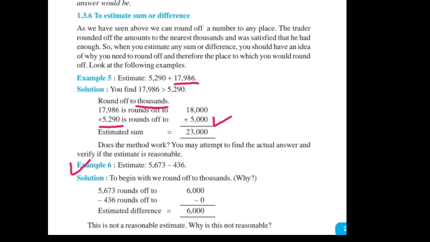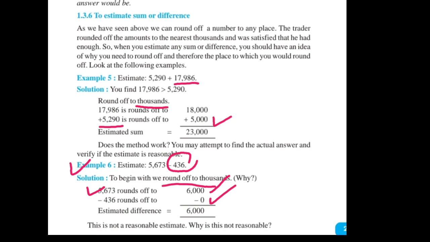It is not exact, but it is an approximation of the actual addition, students. Same like that, example number 6, estimate 5673 minus 436. Now to begin with, round off to thousands. 5673 rounds off to 6000, and the next value, 436, rounds off to 0.